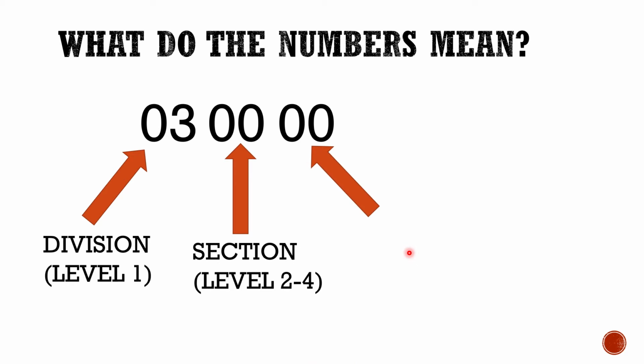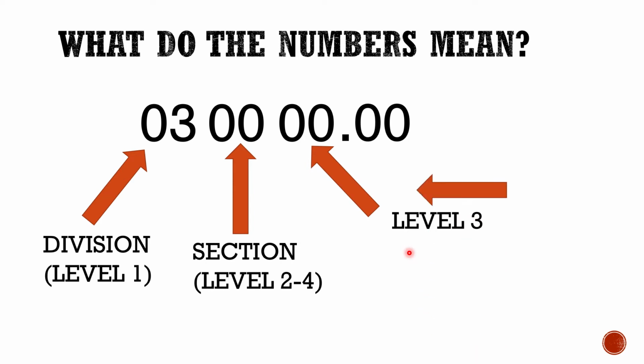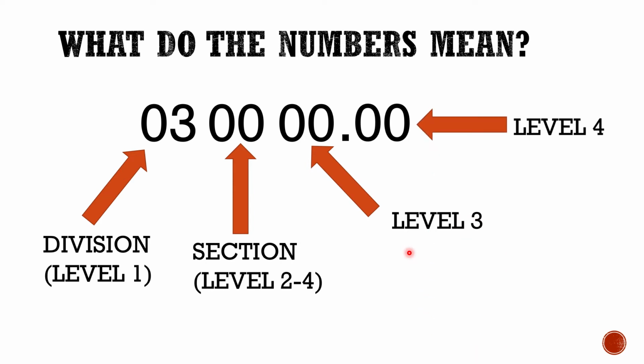The third set of numbers is level 3, and the fourth set is level 4. Basically, the first two digits are the division, the second two are the section, and the sections are broken down into level 3 and level 4. So it can get very detailed.